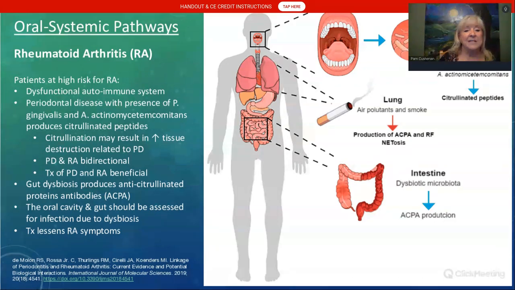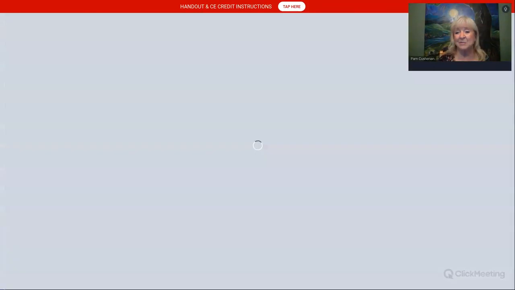When we know patients are having rheumatoid arthritis, we see it in their history, they're having issues with it, we want to always look to what is their level of disease activity and how can we manage that disease with that patient, of course. And also, we need to make sure their health professional, their rheumatologist, is checking for gut infection because both things can be treated to lower the rheumatoid arthritis symptoms.